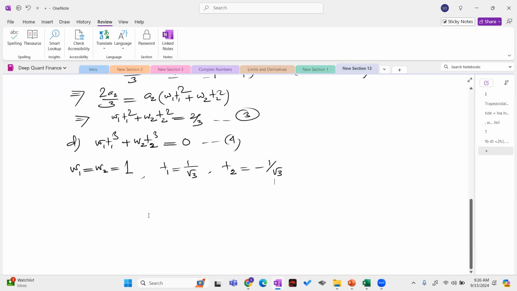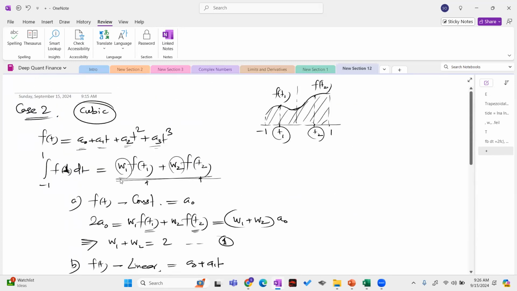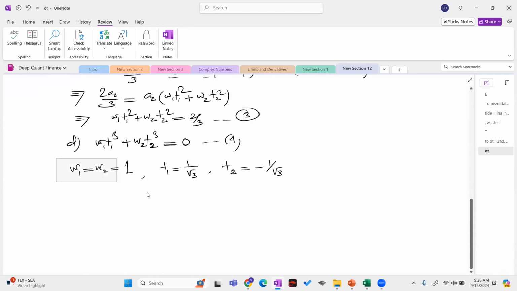Okay. So what is this saying? This is saying that if you have any cubic function, let me make this T1 and T2. It's saying you just need 4 data points. One is the value of the function at 1 by root 3, the value of the function at -1 by root 3, and the weights are just 1 and 1, correct?